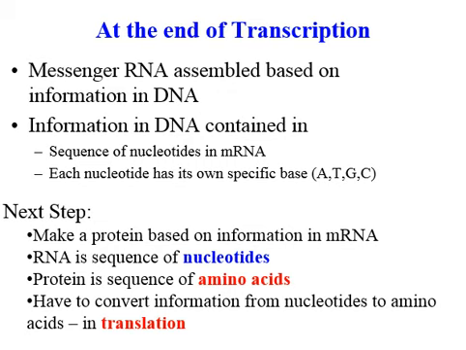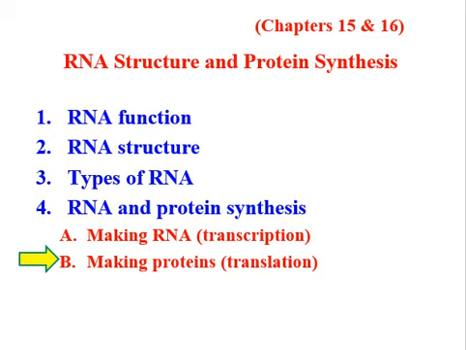For proteins, we're talking about a completely different language with a completely different number of letters, 20 letters for the 20 naturally occurring amino acids, as opposed to 4 letters, which are the bases in the nucleotides in RNA, and there's 4 letters, 4 bases in the nucleotides of DNA. So this has to be translated, that's why this is called translation, from one language to the next, from a language of nucleotides to a language of amino acids. So this is what we're going to look at next, is making proteins.